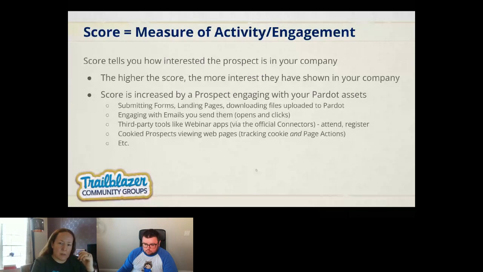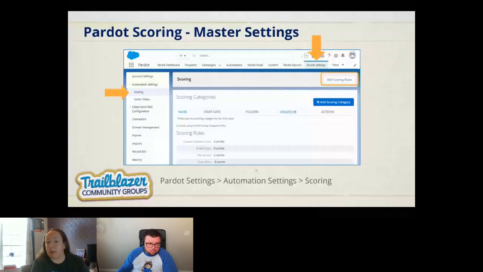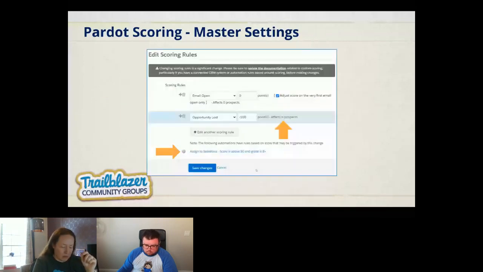So to find the Pardot master settings about score, go to Pardot settings. This is available only to admins. If you're a marketing user, you probably don't have access to see this. But a Pardot admin goes to Pardot settings, and then under the left-hand tab, it says automation settings, and then scoring. And I'm going to show you in a second what things can be scored on.